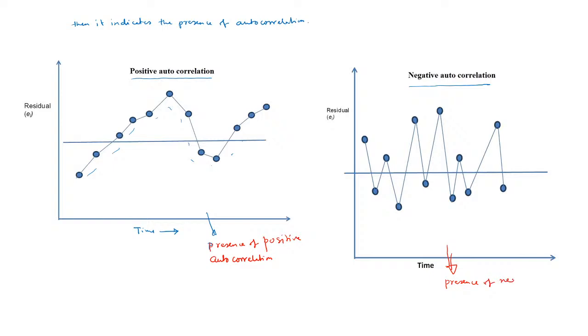So whether autocorrelation is present or not, you can visualize via this plot. Just plot residual versus time, and if your plot looks like either of these two types, you can say autocorrelation is present, and depending on the graph, whether it is positive or negative.